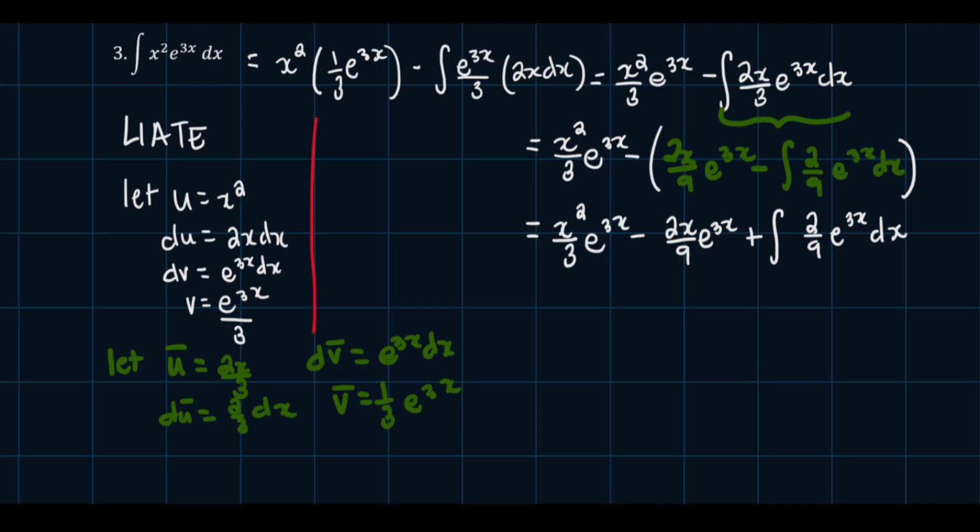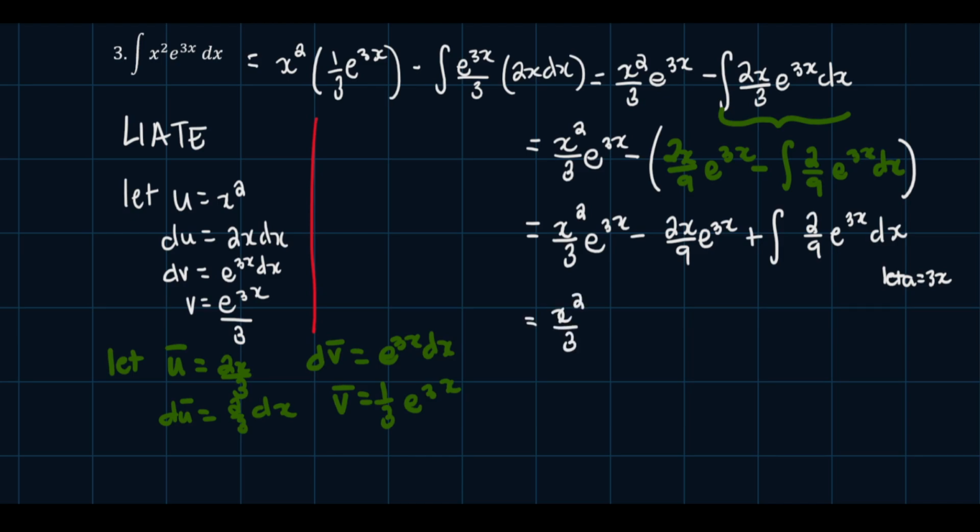Okay, doon sa natirang integral, we don't really have to use integration by parts, pero kailangan natin mag-integration by substitution. Okay, in integration by substitution, we can let a be equal to 3x and perform the necessary steps. Okay, so simplify.